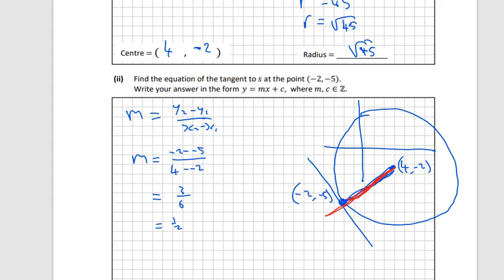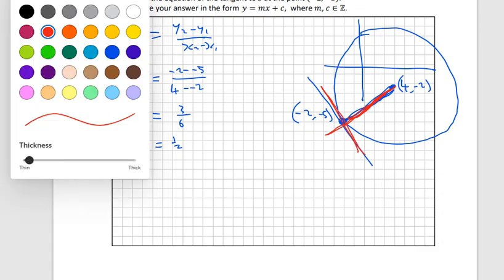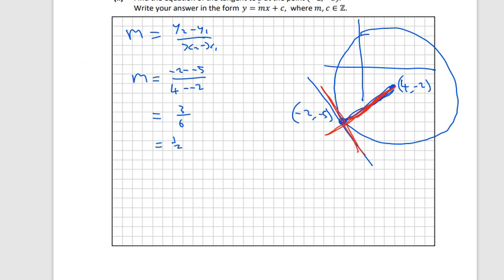To get the slope of the line perpendicular, we flip it and change the sign. If I flip a half, it becomes 2 over 1, and then we change the sign, so it's minus 2. Then we use the formula y minus y1 equals m by x minus x1, with the point minus 2, minus 5 because that is on the line we want.